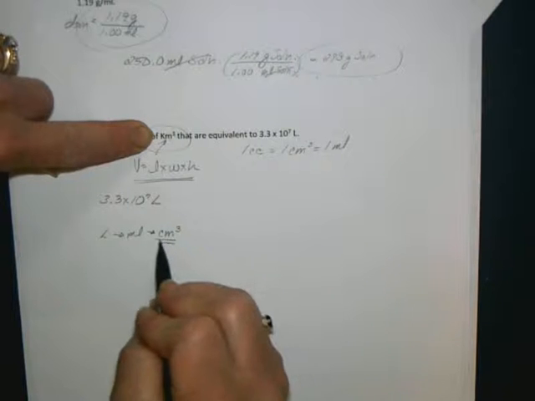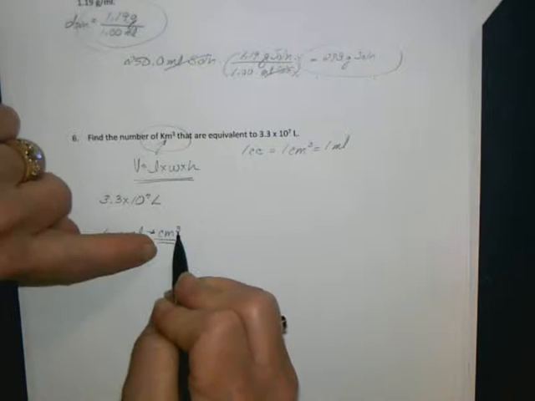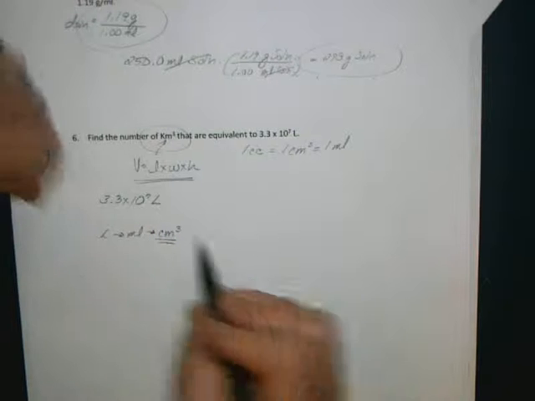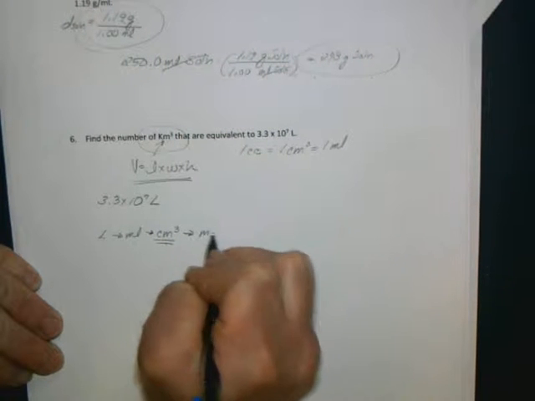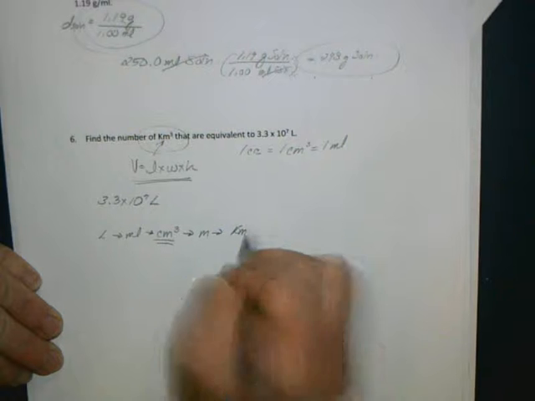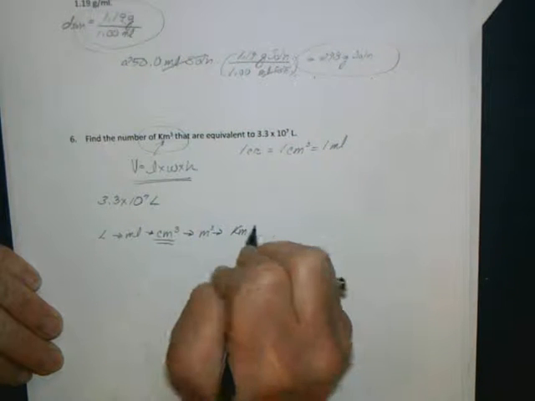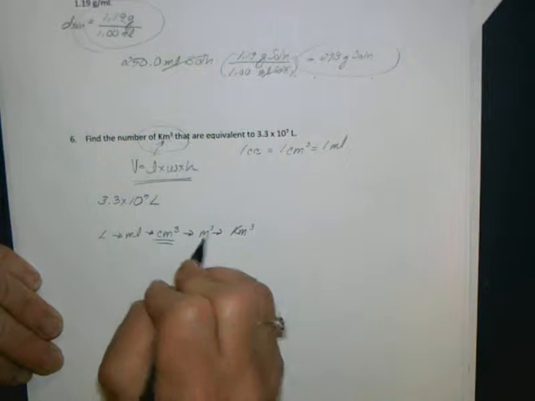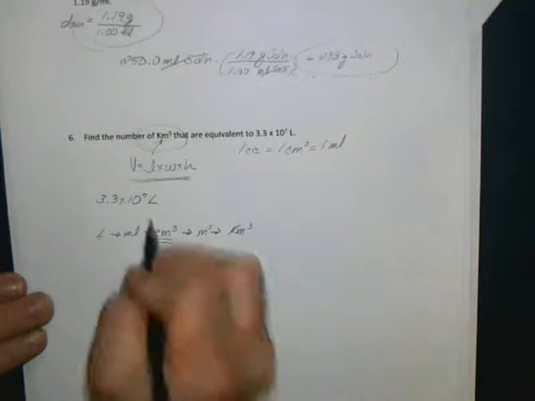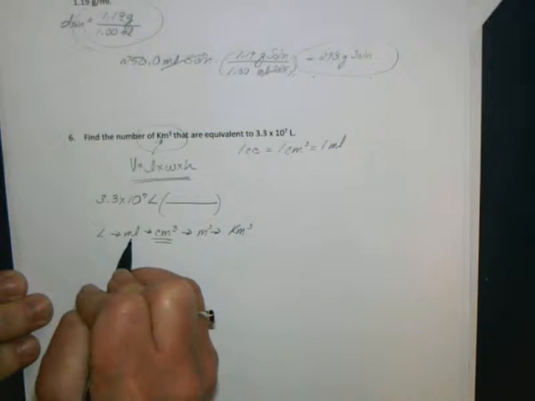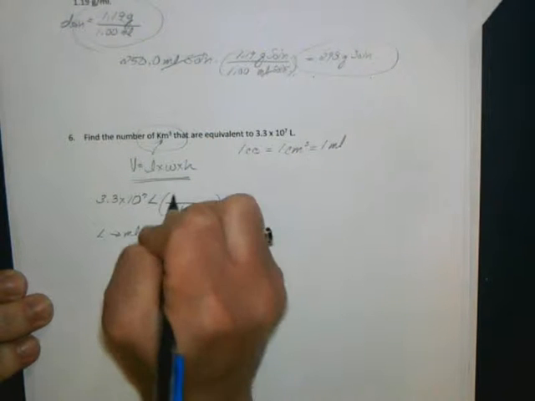Now, length expresses volume because it's cubed. But can't I go from centimeters to meters to kilometers? Well, couldn't I just make the leap but just remind myself that it's cubed? So if we remember, what we'll do here is first get myself to mils. 1 liter, 1,000 mils.